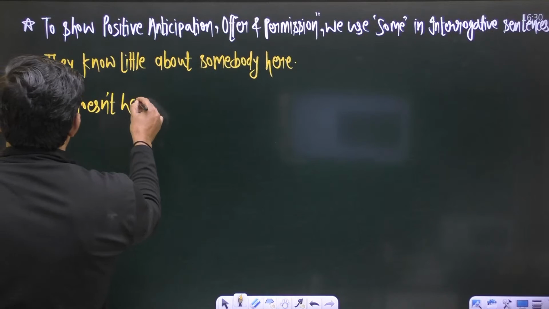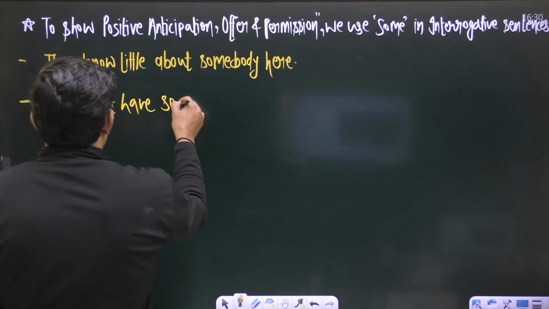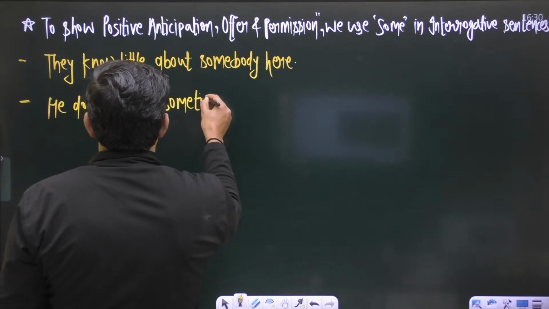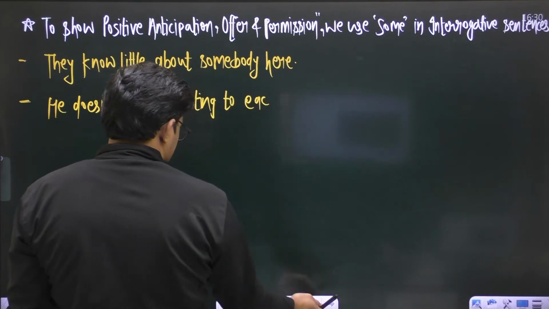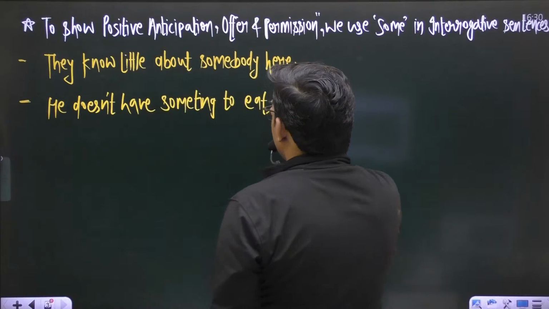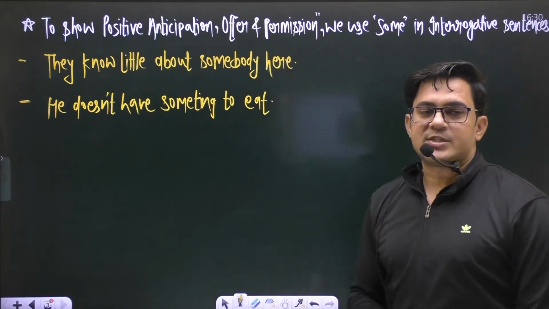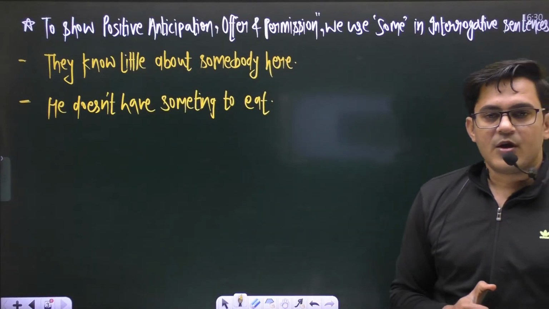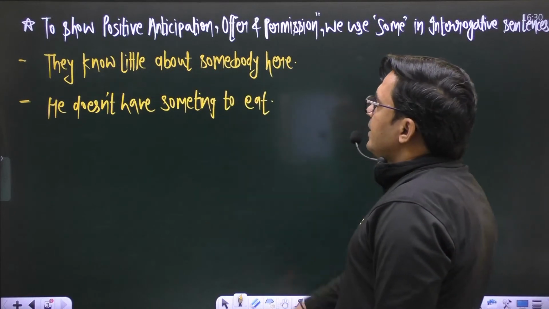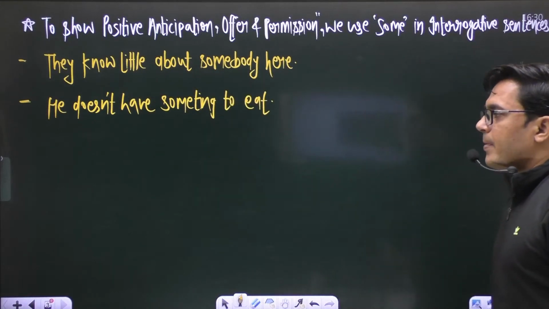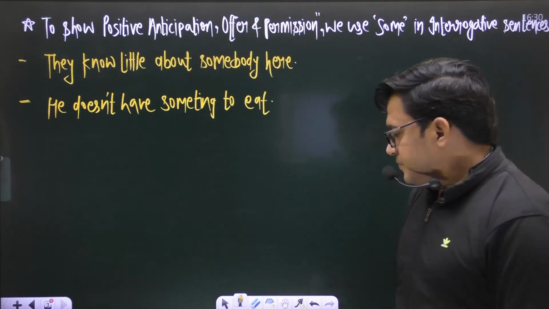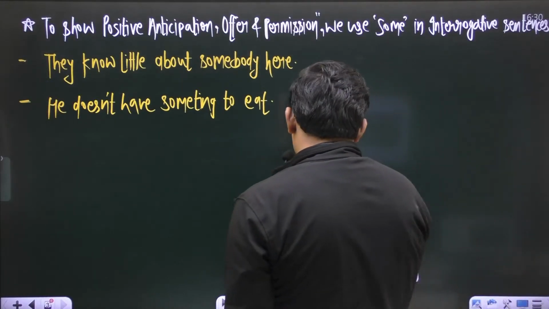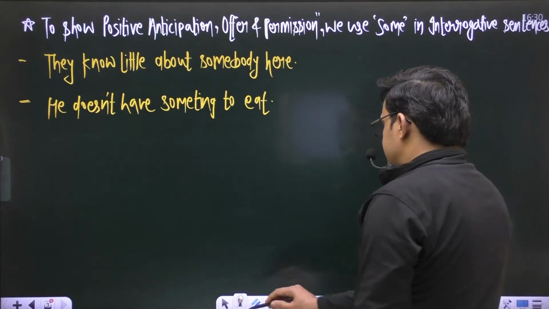He does not have something to eat. Okay, two different sentences you have. First one is, they know little about somebody here, and he does not have something to eat. So what is the concept mainly?